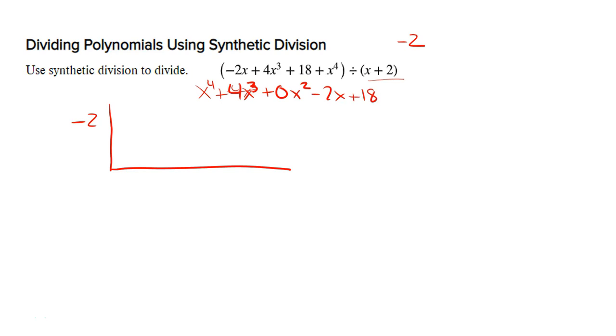And so we're going to write that as our numbers here: 1, 4, 0, negative 2, and 18.